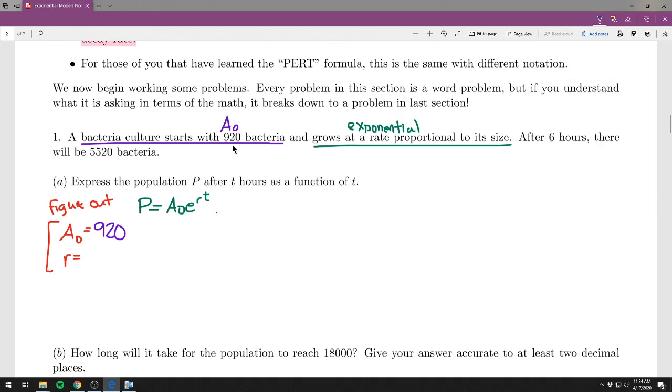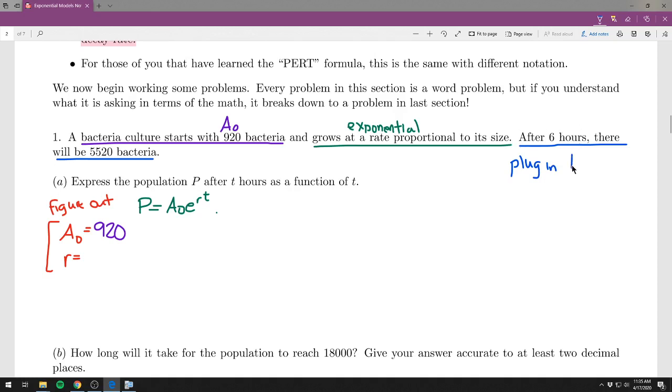Okay. The other piece of information we are told is after 6 hours, there will be 5,520 bacteria. We're going to use this to figure out R, but it's not written in the problem. We have to plug it in. Time is t.